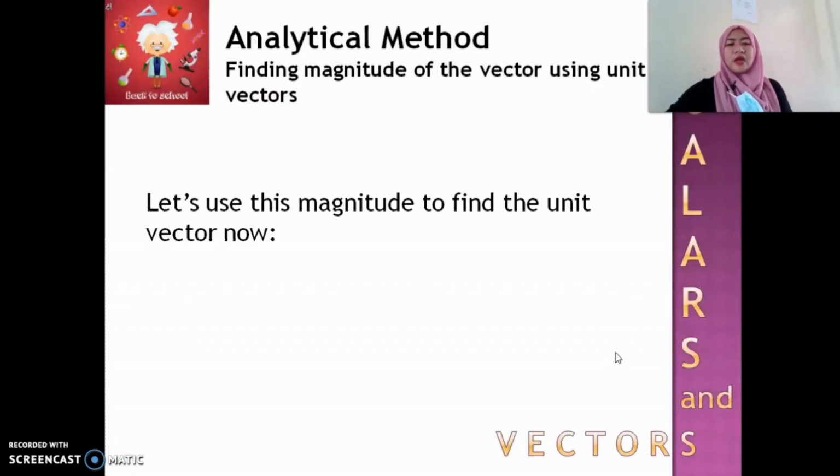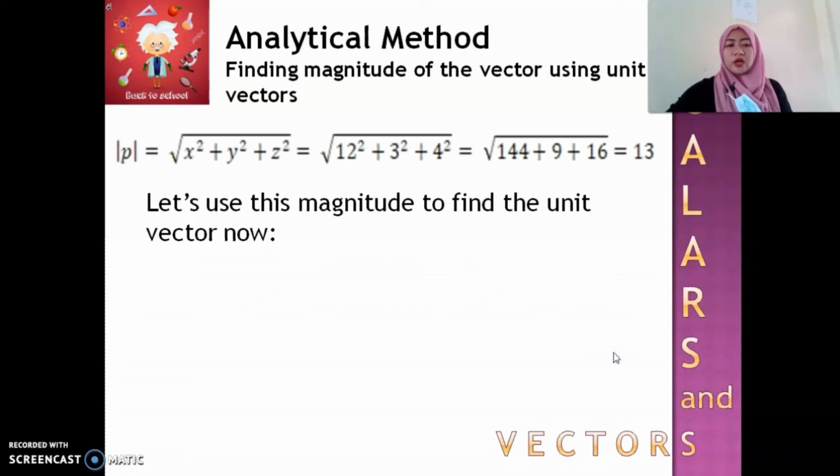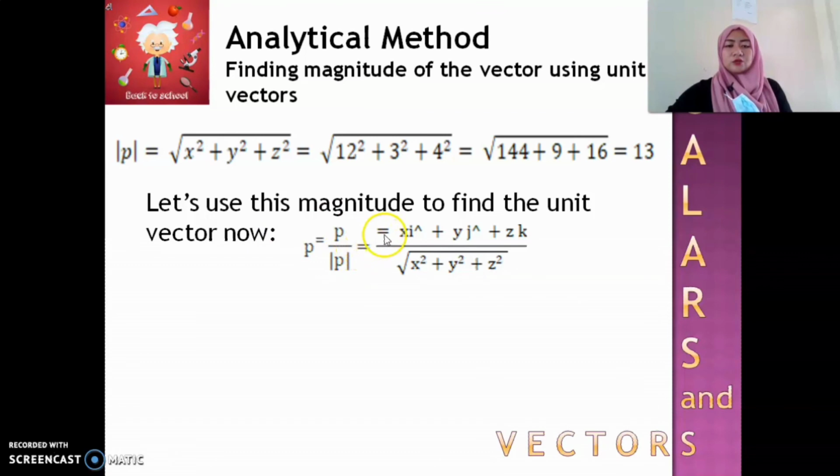So let's use this magnitude to find the unit vector now. The unit vector of P is equal to xi plus yj plus zk divided by the square root of x squared plus y squared plus z squared. Substitute the values: 12i minus 3j minus 4k divided by the magnitude, which is equal to 13.